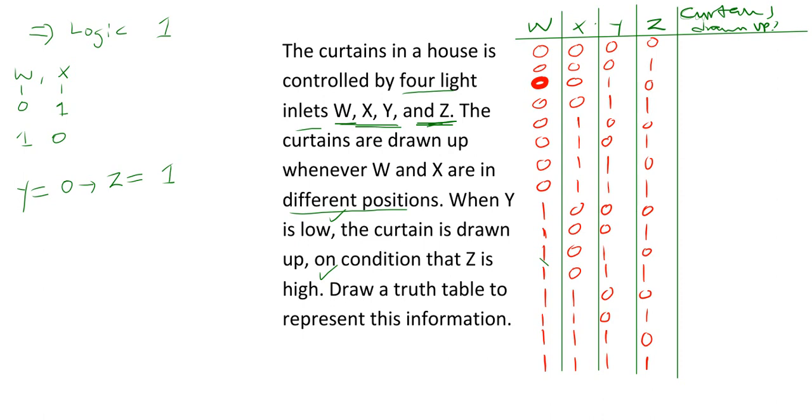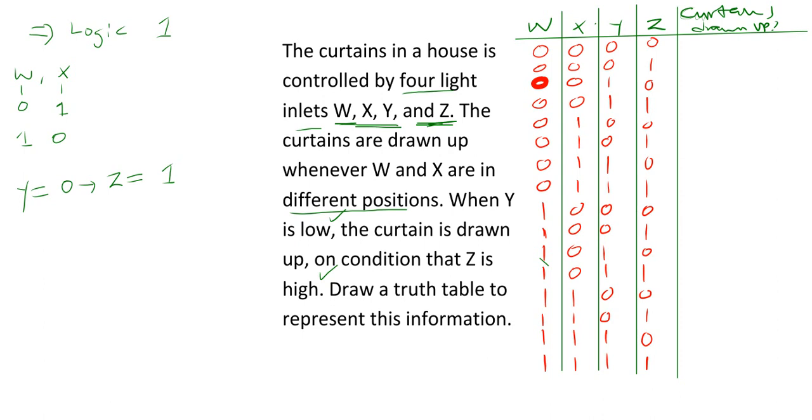Now we have to follow the conditions that have been given. So first we consider where W and X are in different positions. At the point where W is 0 and X is 1, or W is 1 and X is 0, those are the different positions talked about here.